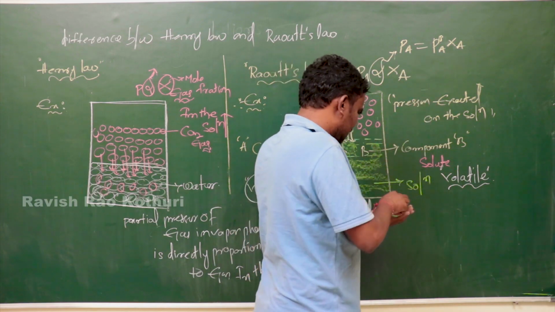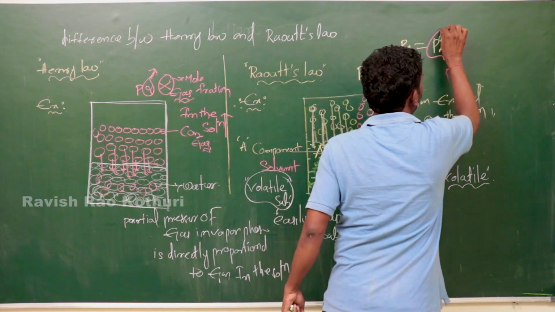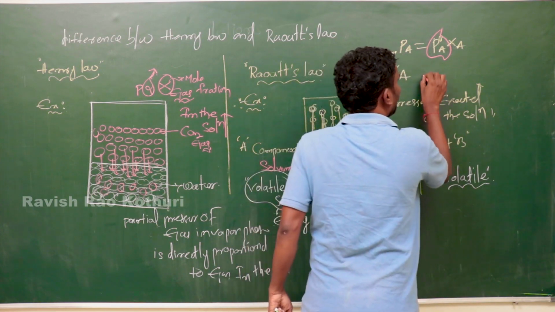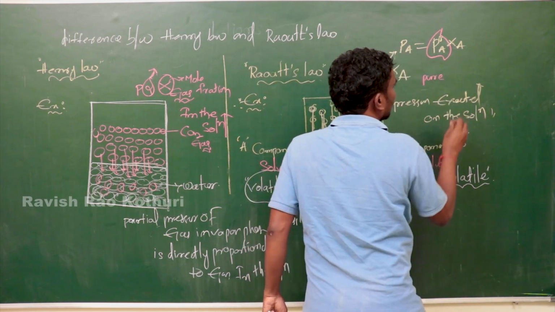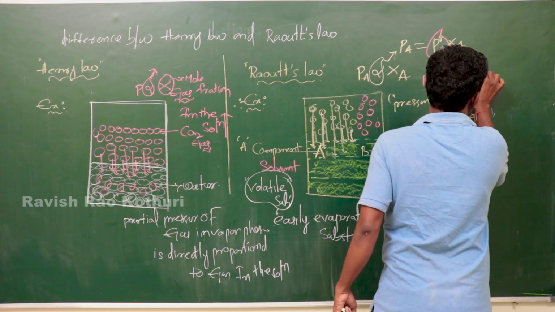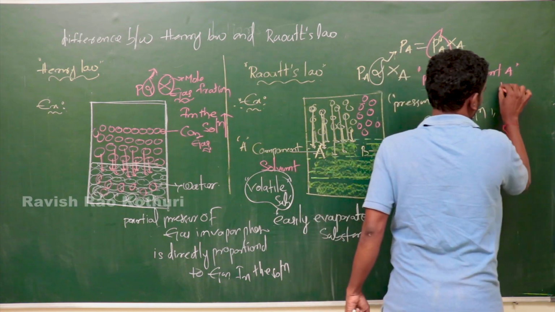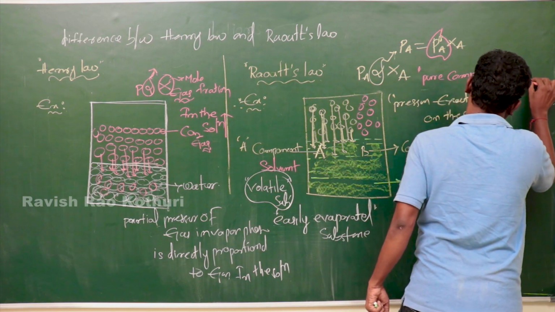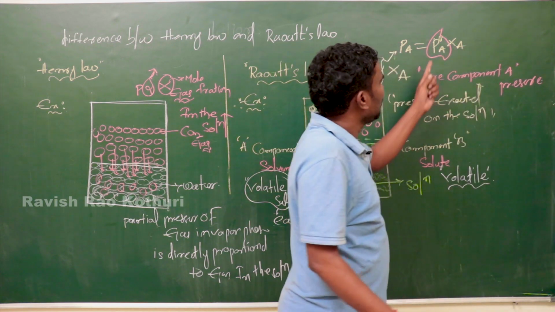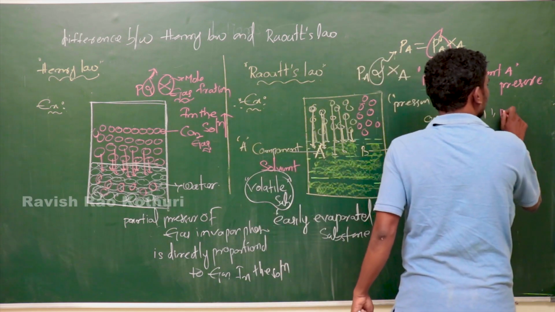So, P naught A stands for what, sir? P naught A stands for pure component A pressure. See, actually P naught A is constant.